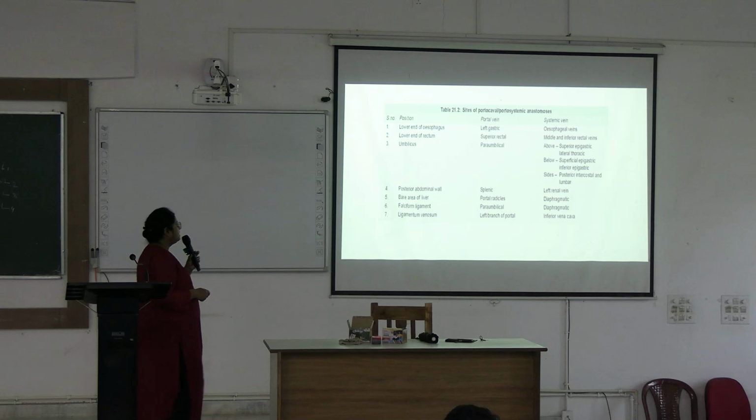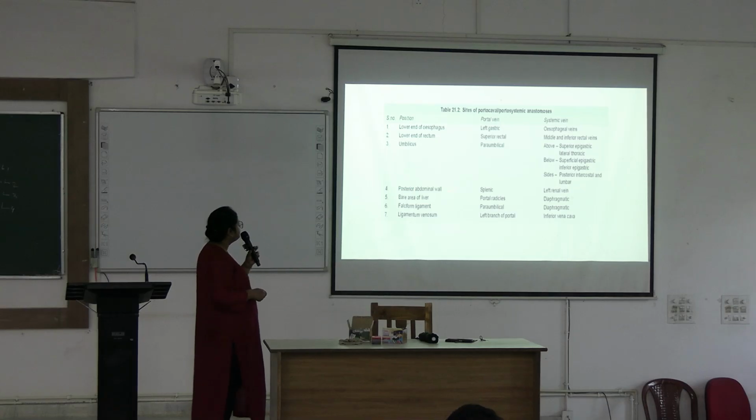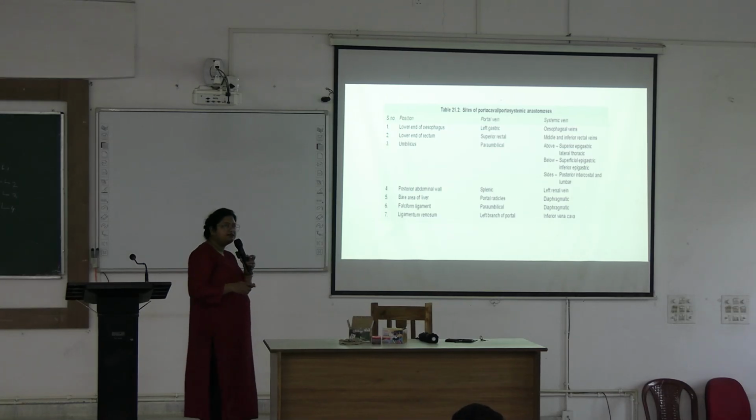And in the posterior abdominal wall, splenic vein is portal system, left renal vein is the systemic system. Bare area of liver, portal radicals of the liver anastomose with diaphragmatic veins. And around the falciform ligament of liver, paraumbilical veins anastomose with the diaphragmatic veins. And ligamentum venosum, here left branch of portal vein anastomoses with inferior vena cava. Okay.